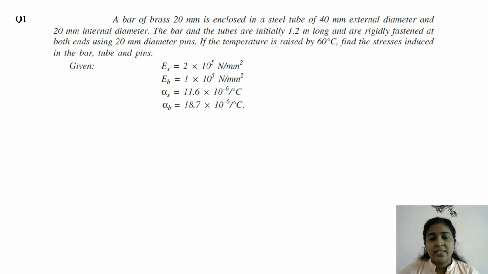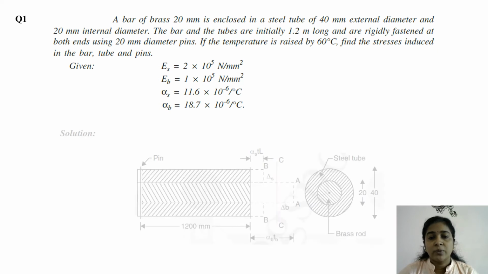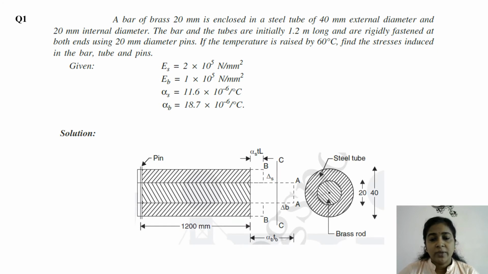Modulus of elasticity of steel and brass are given, as well as the coefficients of thermal expansion of steel and brass. Here we can see that the coefficient of thermal expansion of brass is more than that of steel, and hence the free expansion of brass will be more than that of the steel. And here is the figure.